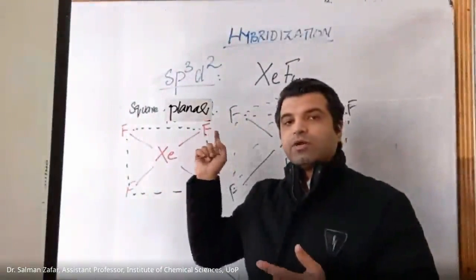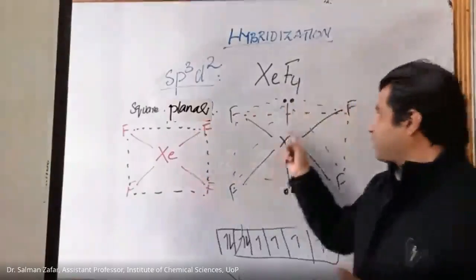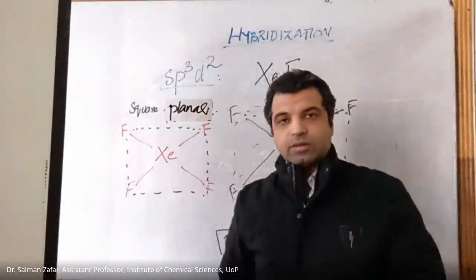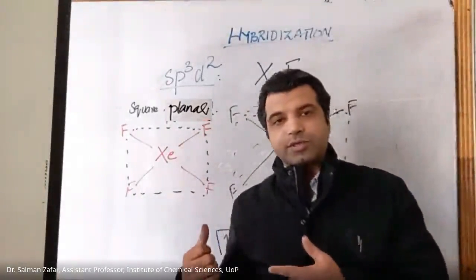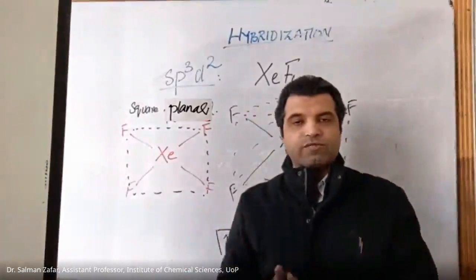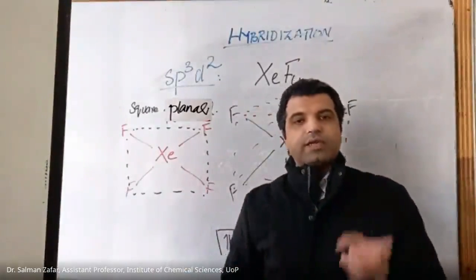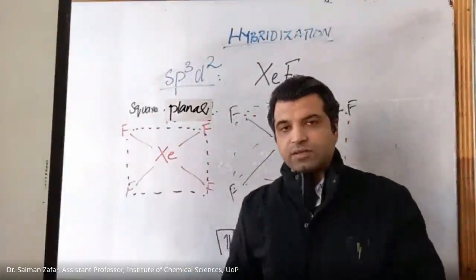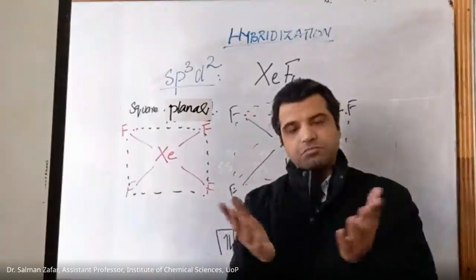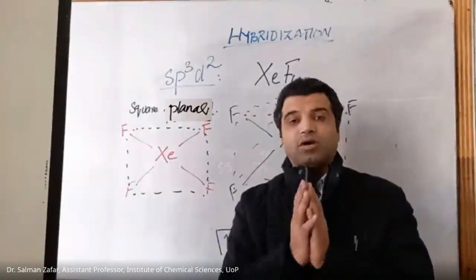It means there are 4 bonding pairs and 2 non-bonding pairs. Right? So 2 lone pairs are present here. So we have 4 bonding pairs, 2 non-bonding. So a total of 6 is there. In case of SF6, the central sulfur atom has 6 fluorine atoms attached to it. So it has 6 already.